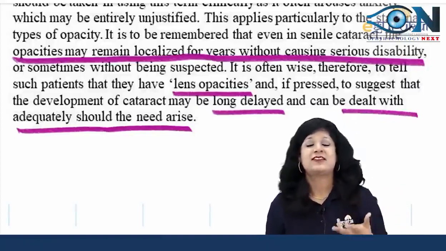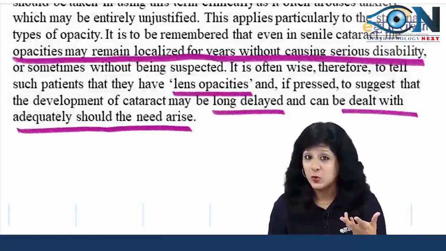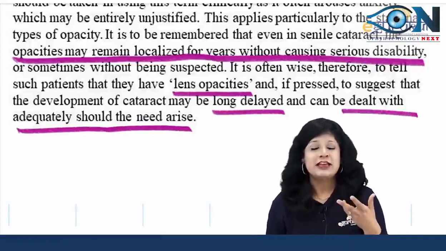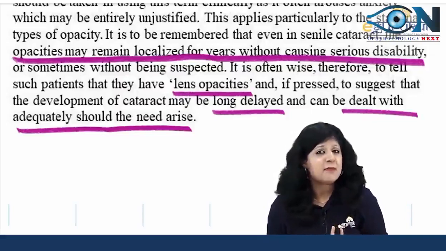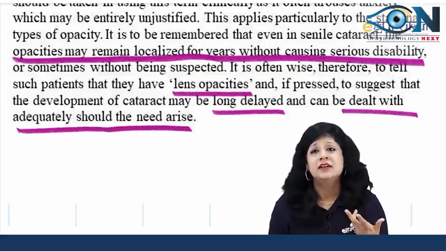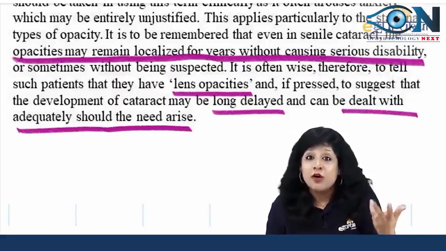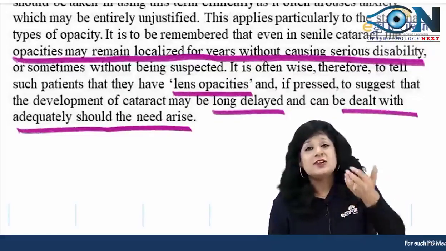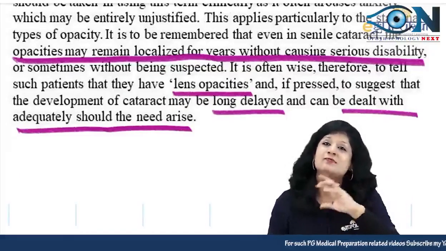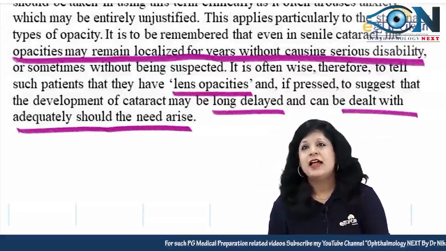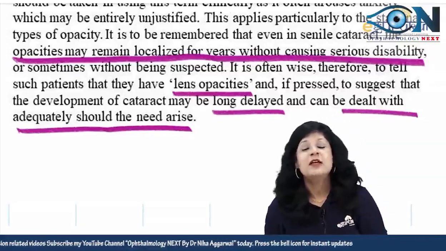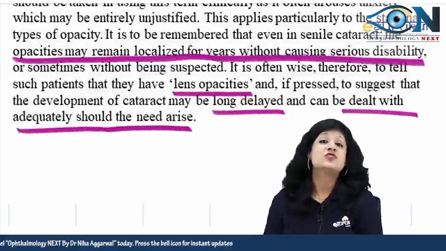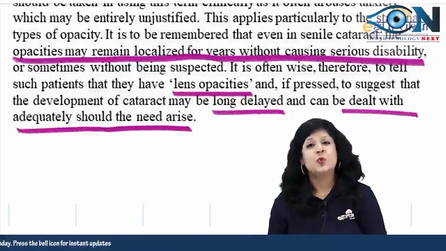Cataract patients will obviously be pretty old, and they are quite apprehensive about these words and become quite emotional when they hear that something is wrong. So instead of using the word cataract, you can simply say that there is opacity. And if some people are bent upon knowing what the problem is, then also you can say it is just the beginning and there is nothing to worry.